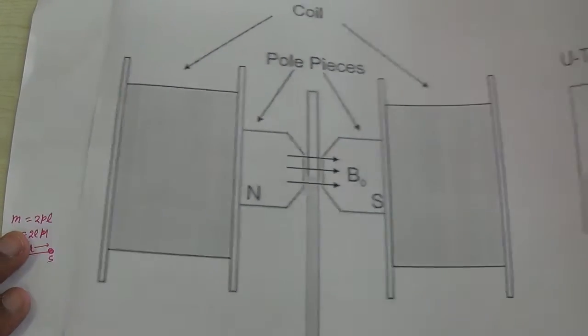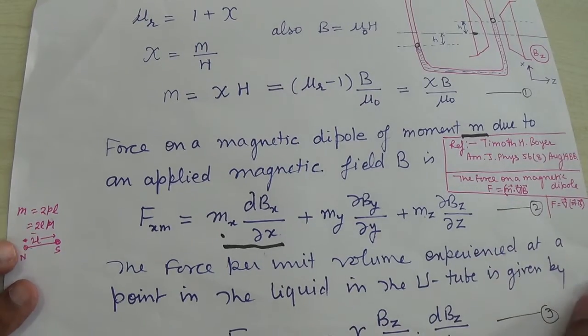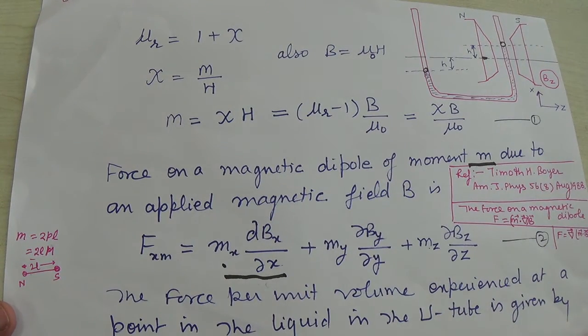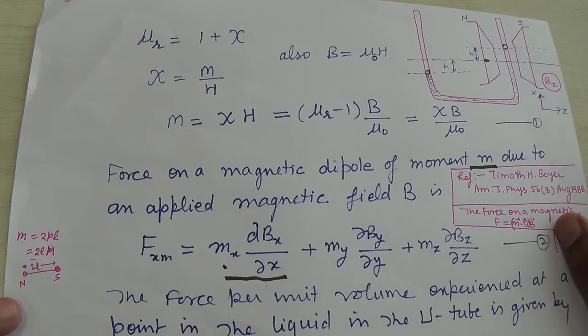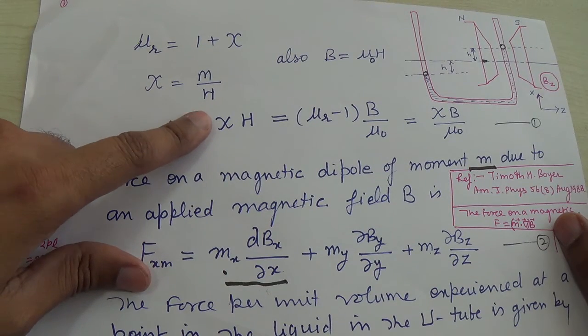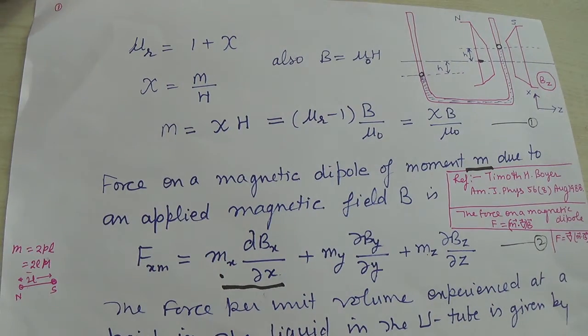And in this formulation we came across that susceptibility chi is equal to M upon H. So chi, the susceptibility, is the ratio of the intensity of magnetization to the intensity of the external magnetic field.